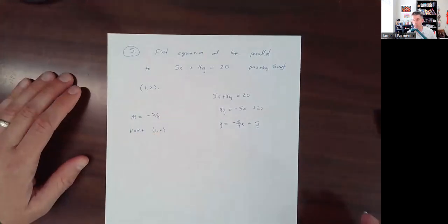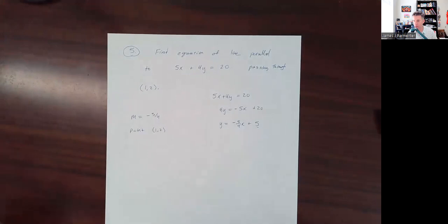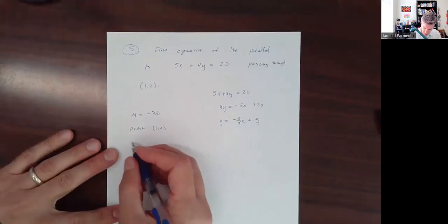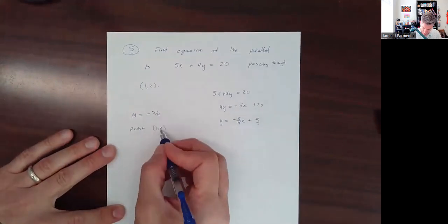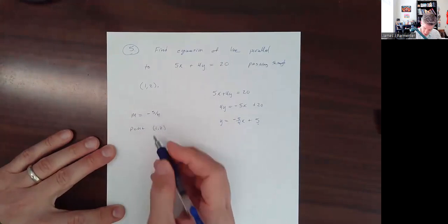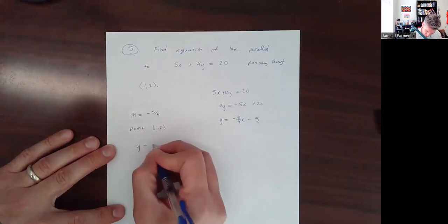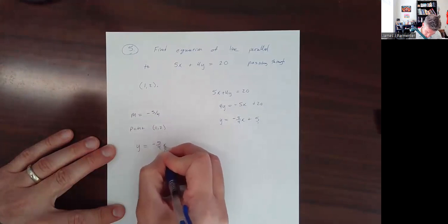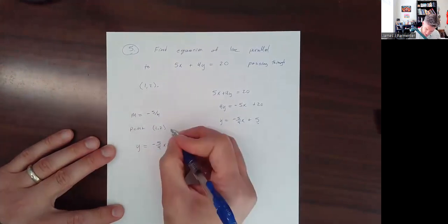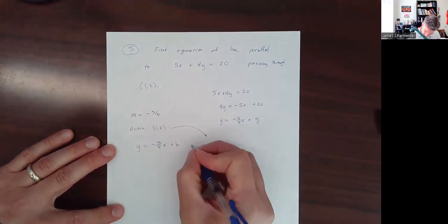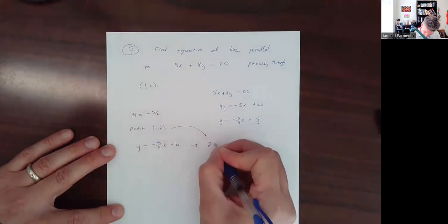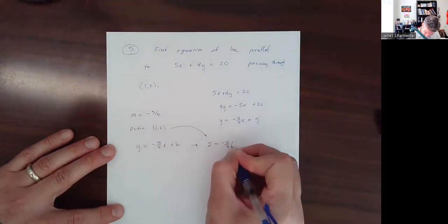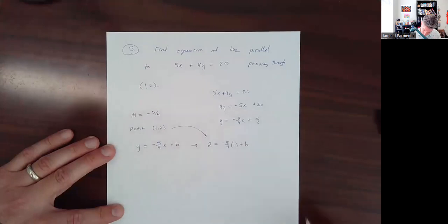So then we know that our slope is negative 5/4, and our point is (1, 2). And instead of doing it the way I like to do it, I'll do it the other way just to show the usual thing. So you could do it y minus 2 equals negative 5/4 times x minus 1. I'm going to do it as y equals negative 5/4 x plus b, and I'm going to plug in the point. I get 2 equals negative 5/4 times 1 plus b.